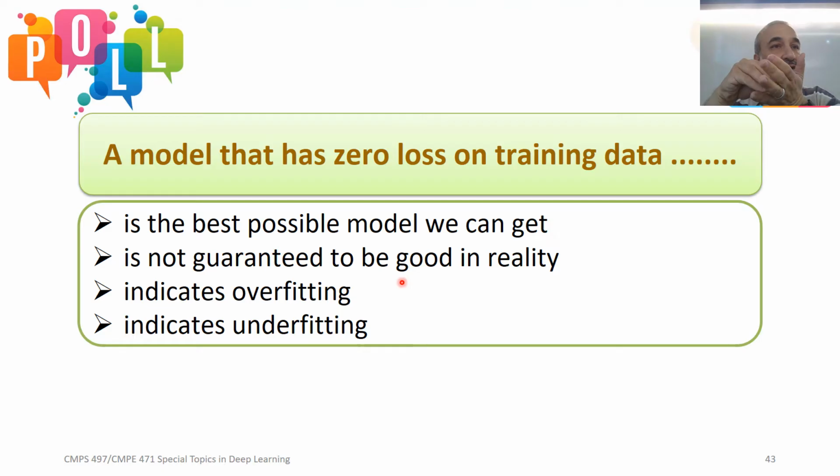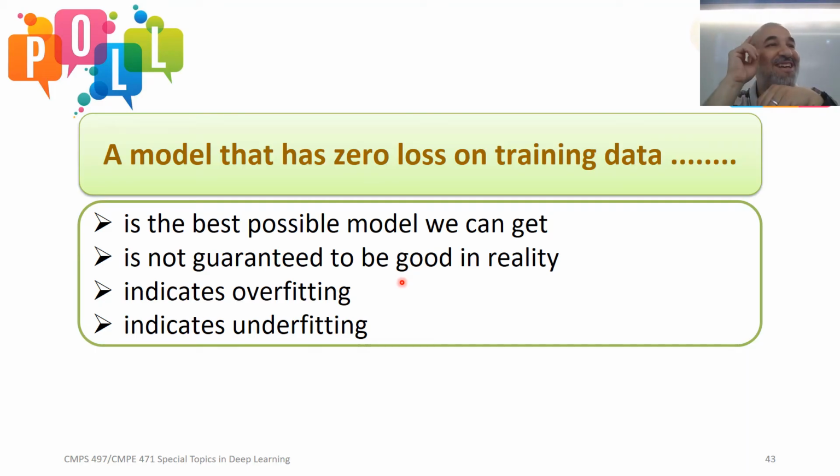Having zero loss on the training set doesn't always mean overfitting, by the way. Maybe it will be good also on the test set. So the model is balanced and it fits the data well on both test and training. It's not overfitting. Okay, let's continue the answer.